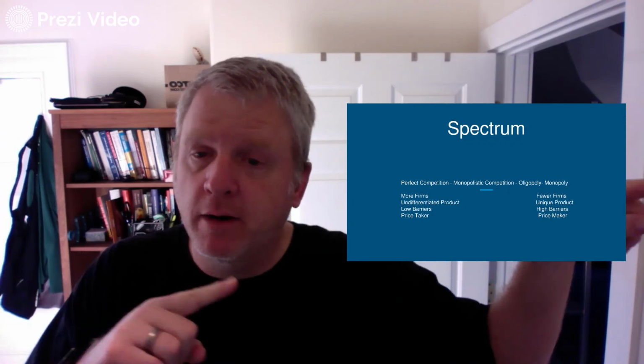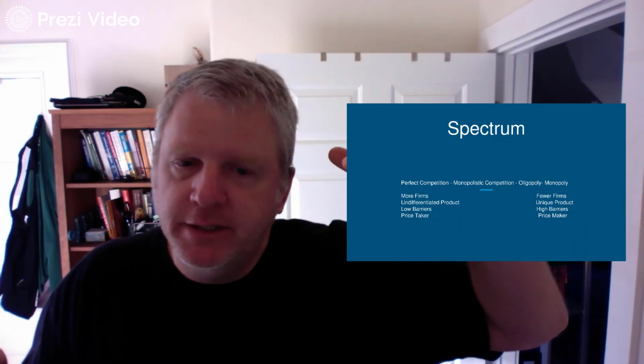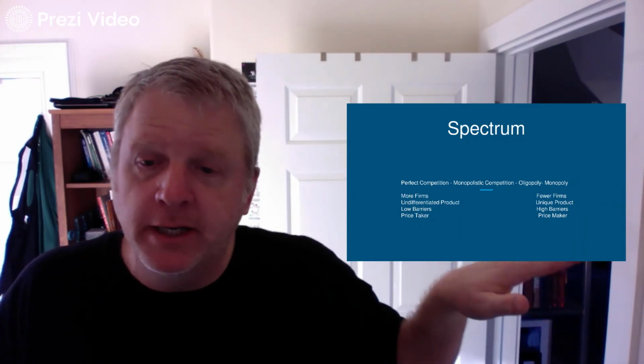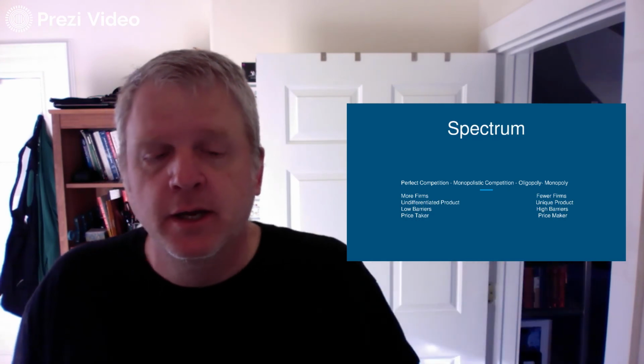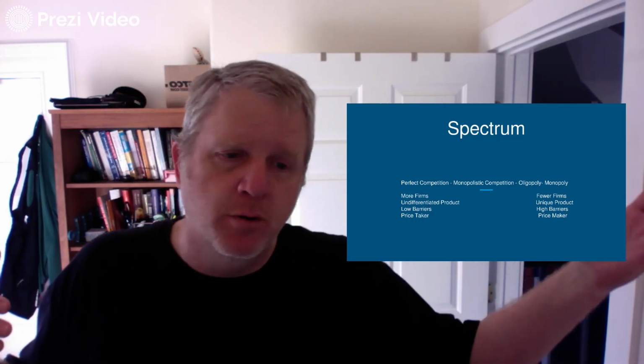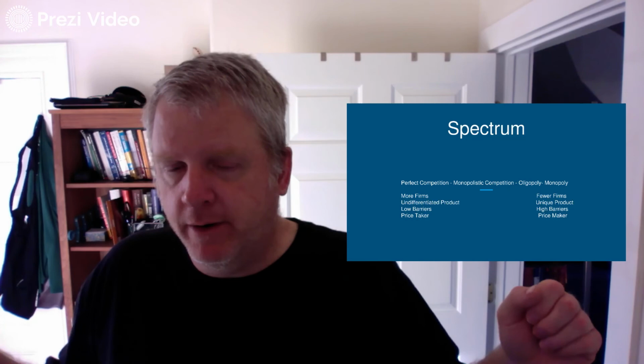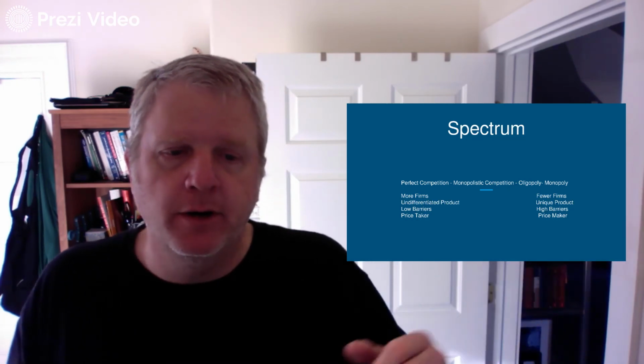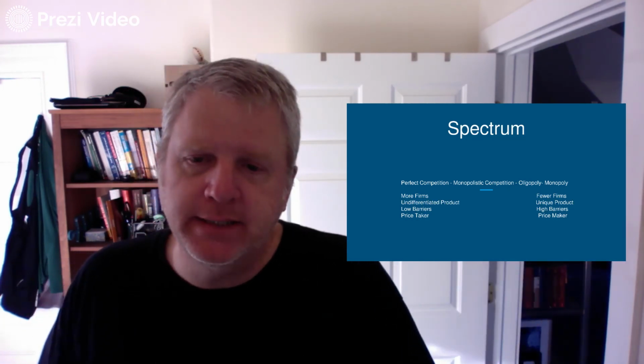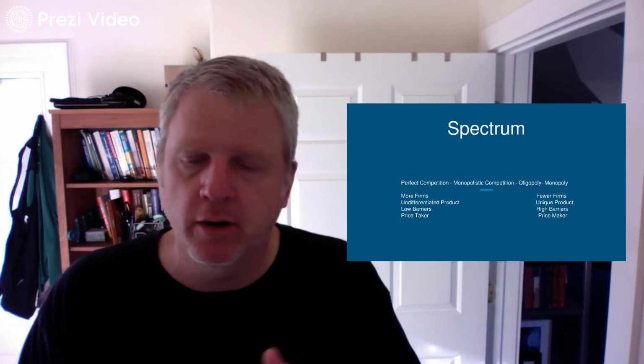As we move left to right across the slide, competitiveness in the market goes down and dominance by a few firms increases. So more firms on the left side, fewer firms on the right side. Undifferentiated product on the left, unique product on the right. Low barriers to entry on the left, high barriers to entry on the right. Price taker on the left, price maker on the right.